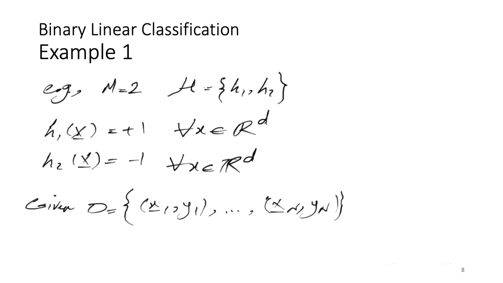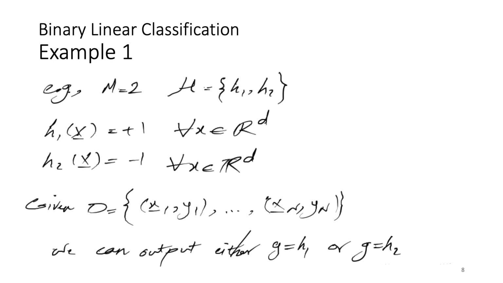So now we can say, given our data set D containing x1, y1 up to xn, yn, we can output either our candidate hypothesis, either h1 or h2. We need to pick one of them and use it with the learning algorithm. So pretty straightforward.